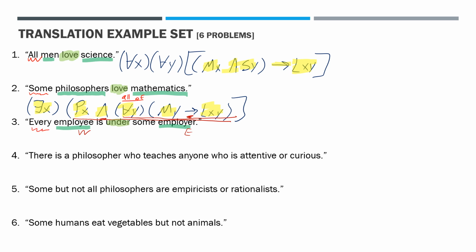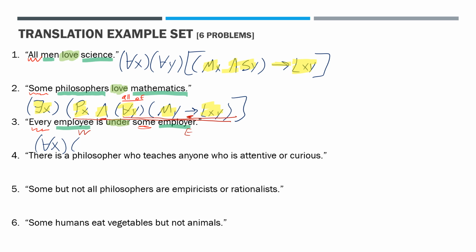So this is a universal affirmative proposition, but embedded within that is this some. So we have a quantified variable that's particular. We have a quantified variable that's universal. So we'll write for all x. What is the antecedent?